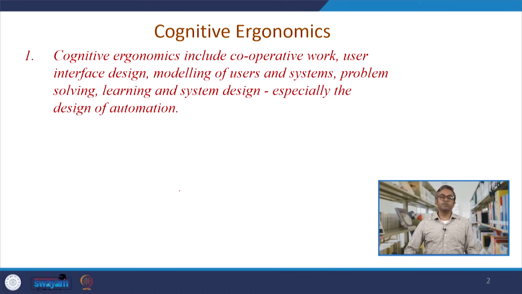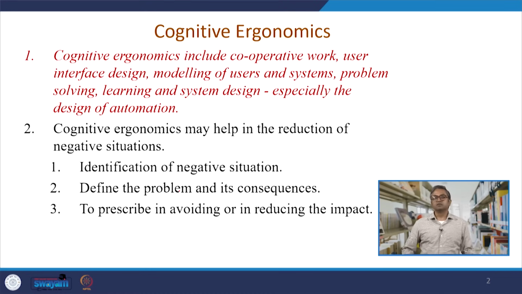So, cognitive ergonomics can help us not only in the reduction of negative situations but also promote performance, efficiency, safety, and user satisfaction. As we discussed in the previous lecture, we identify the negative situations, what those negative situations are, and how one is defining the problem and the consequences as a result of this problem.